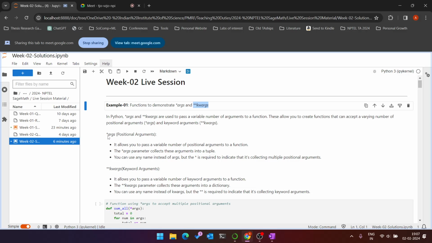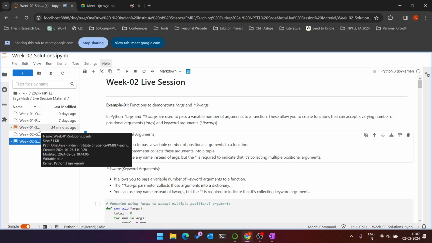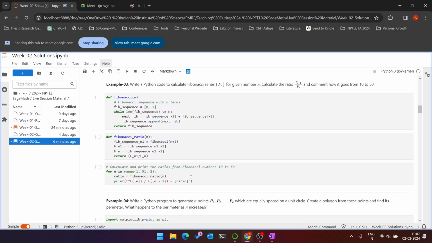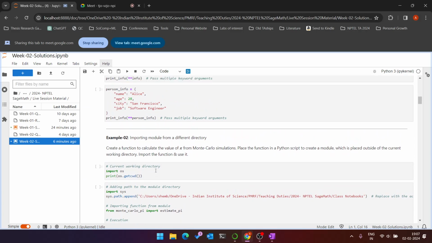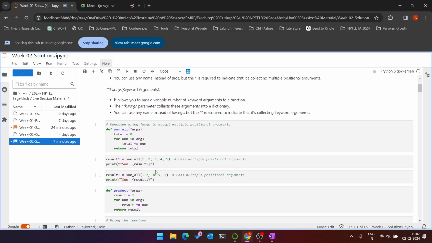So star args basically allows you to pass a variable number of positional arguments to a function. What does this mean? So far, the functions that we have seen take one or two or four or five different arguments, like this Fibonacci function, which takes a single argument.